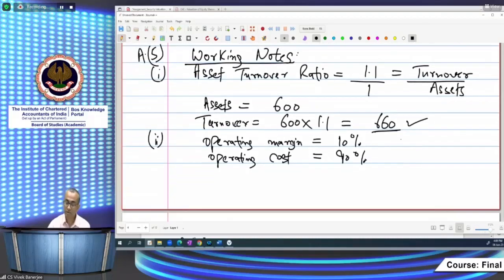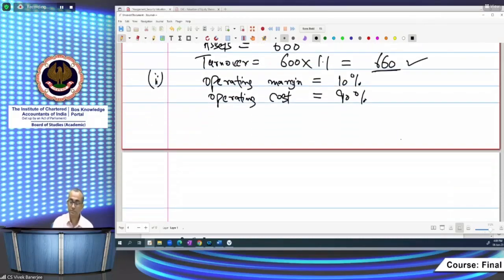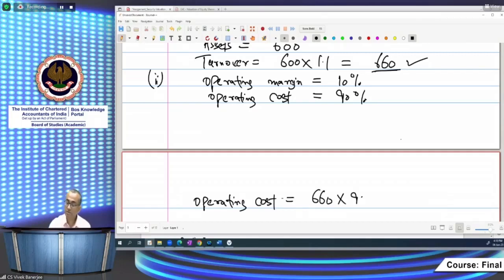Sales figure we have already calculated. So operating cost is equal to 660 into 90%. So it is 594. So now if operating cost is arrived at, operating margin or operating profit can be easily arrived at. Sales less operating cost is operating profit.